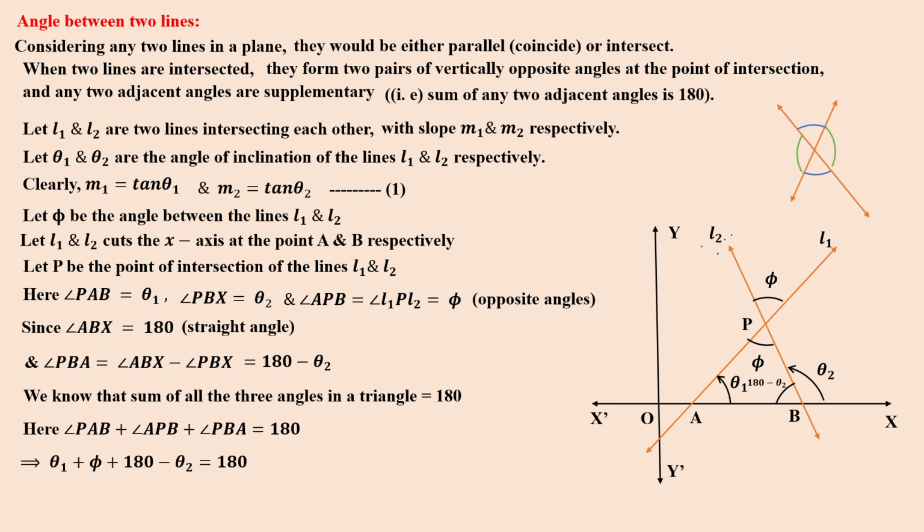So angle PAB theta 1, APB phi, plus PBA 180 minus theta 2, is equal to 180. The 180 on the left-hand side and the right-hand side get cancelled. So you will get theta 1 plus phi minus theta 2 equal to 0. Therefore phi is equal to, taking theta 1 and theta 2 to the right-hand side, theta 2 minus theta 1, right? So taking tan on both sides, tan phi is equal to tan of theta 2 minus theta 1, that is equation number 2.